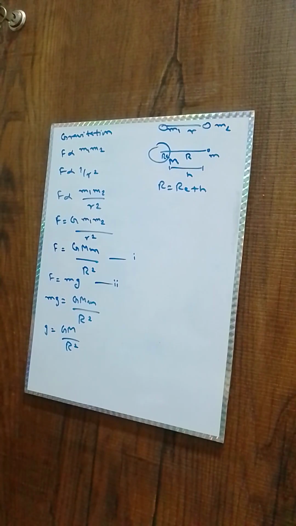So this is the acceleration due to gravity in terms of gravitational constant, mass, and the radius of Earth, plus of course the height the object has above the surface of the Earth, if any.